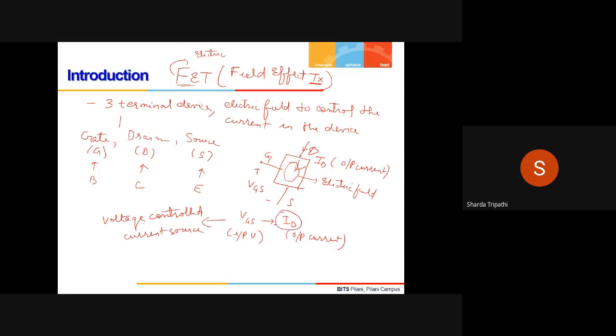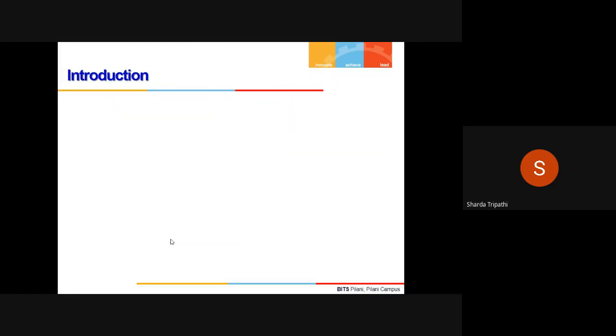So at the output, you get a current which is controlled by the input voltage. That's why these are also known as the voltage controlled current source. So this is about the introduction of FET. So basically it is a transistor. It has three terminals and the output current is controlled by the input voltage. This is the summary.